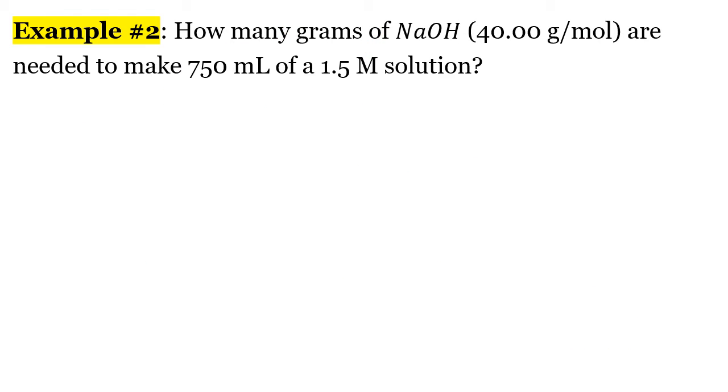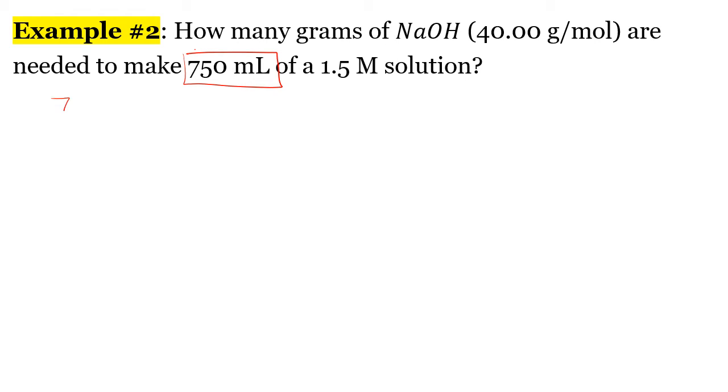Let's look at another example. It says how many grams of sodium hydroxide, which has a molar mass of 40 grams per mole, are needed to make 750 milliliters of a 1.5 molar solution. All right, the first thing, if you notice in the question, it gives our volume in milliliters. So we are going to need to convert that to liters.